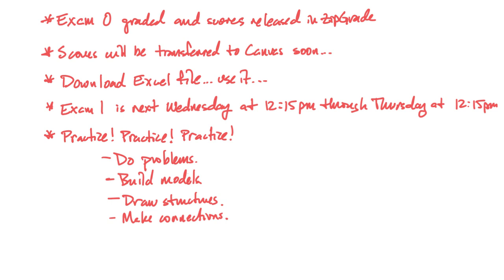I will move those scores over into Canvas when I get the time and motivation to do so, it's always a pain. But you can see the points in ZipGrade. Please download the Excel file so that you can track your points and see where your grade is going based on the available required course points up to this time.